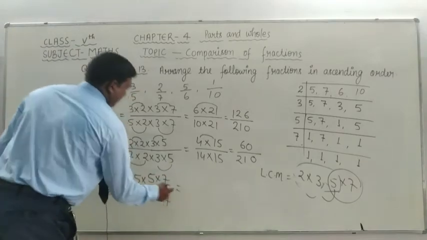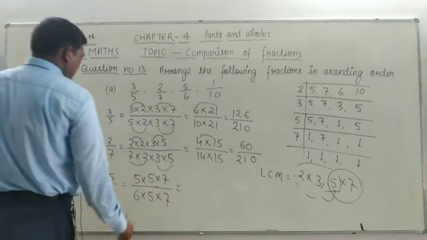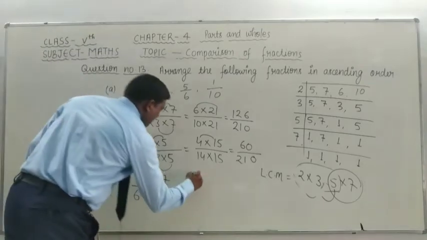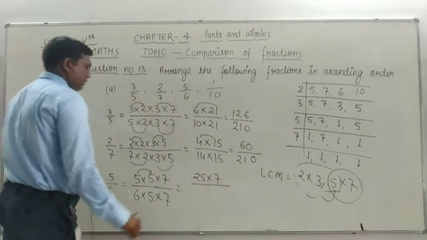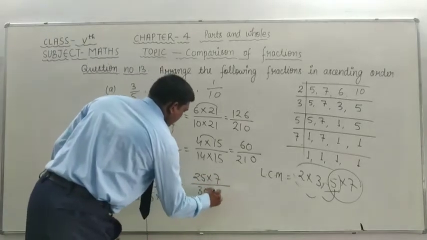Okay, after multiplying these we get 5 5s are 25 into 7, total upon 6 5s are 30 into 7.